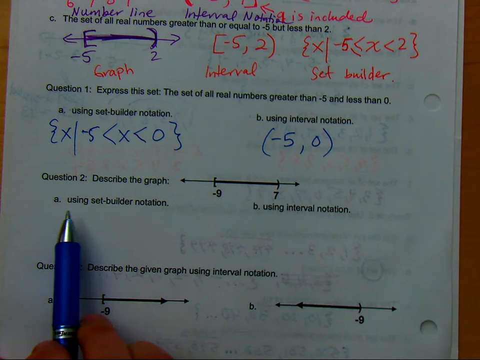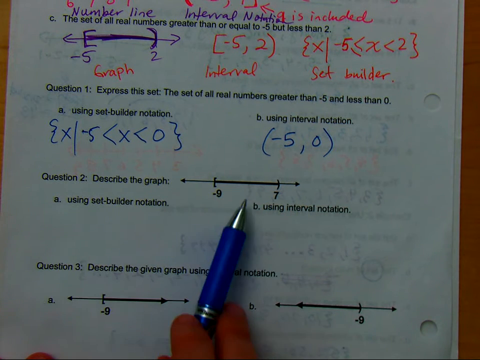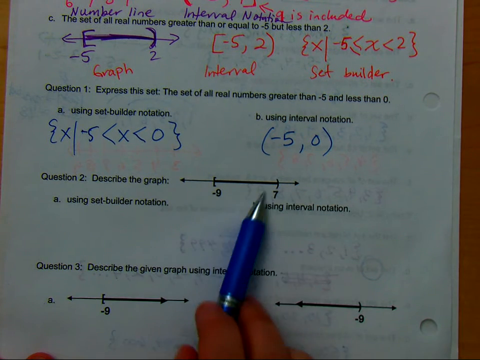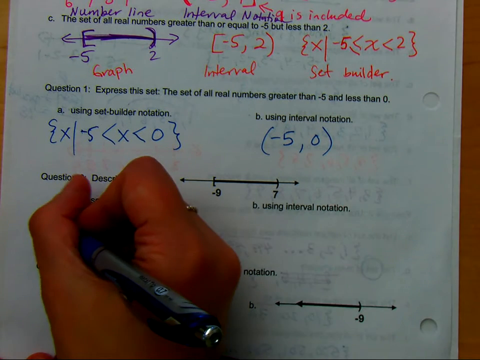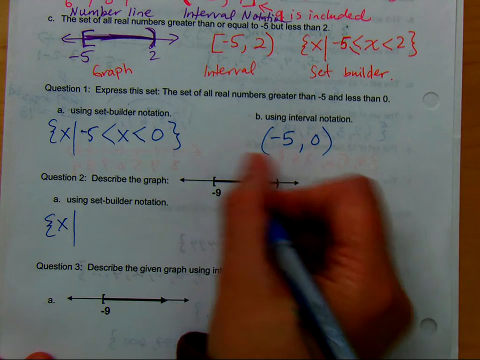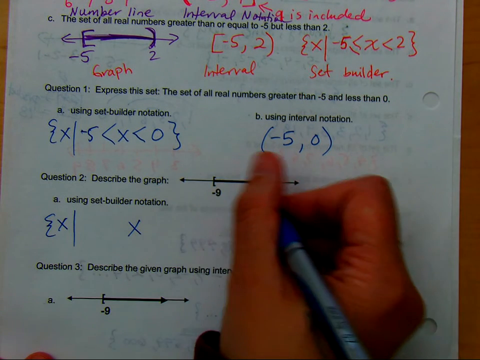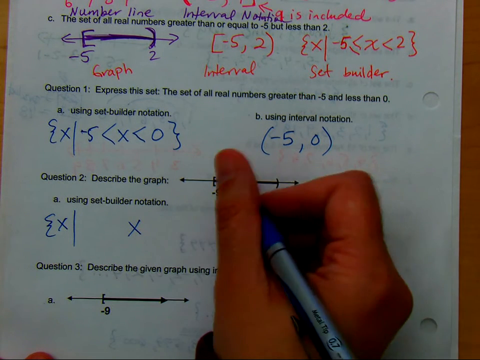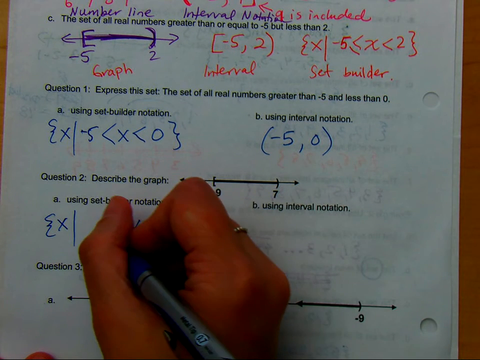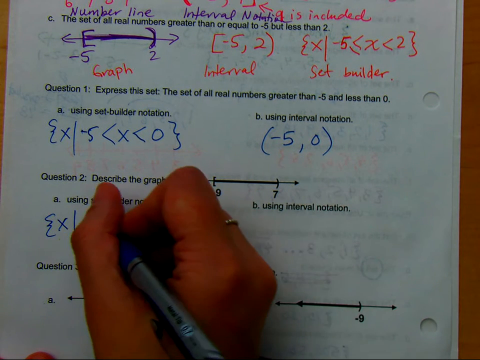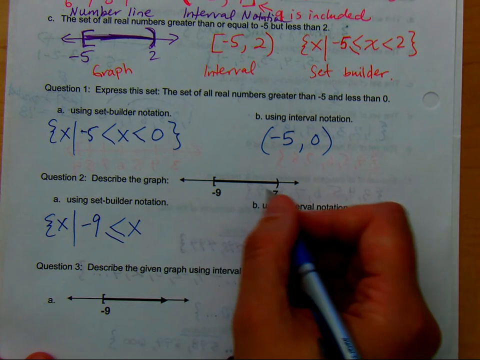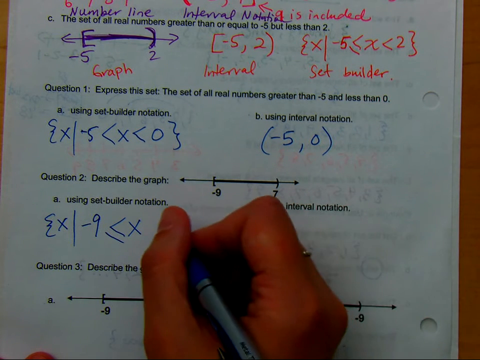Okay. Question 2, describe the graph using set builder notation. So who can tell me what the set builder notation would be? I would start with x such that, and again, x is the shaded area. Any number in between that area is in the set. So -9 is less than or equal to x, and then what symbol would you use next to 7?